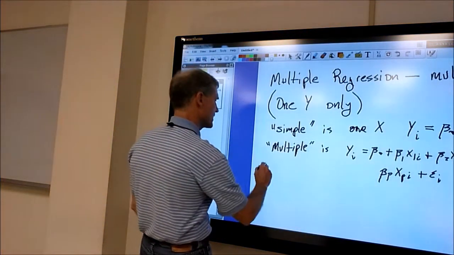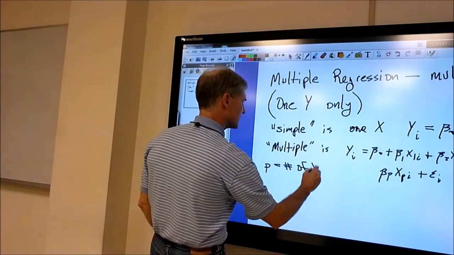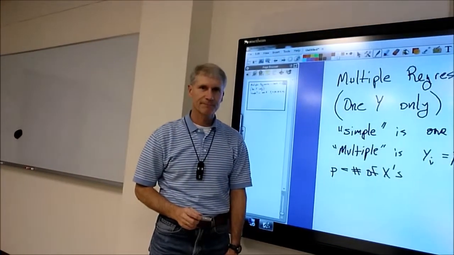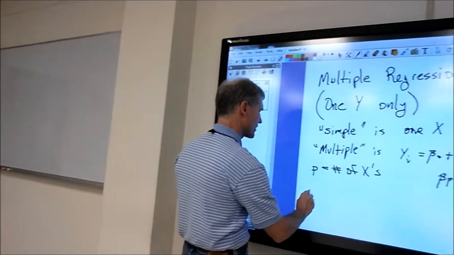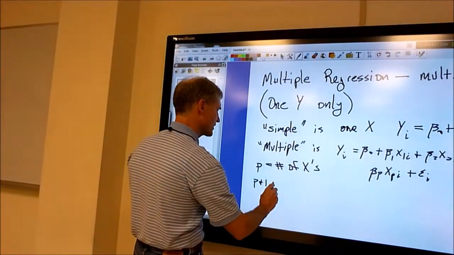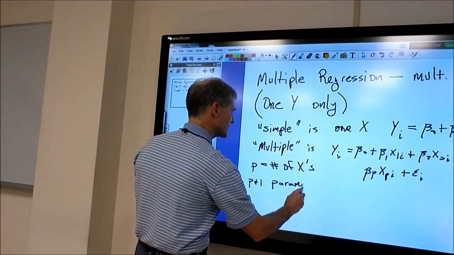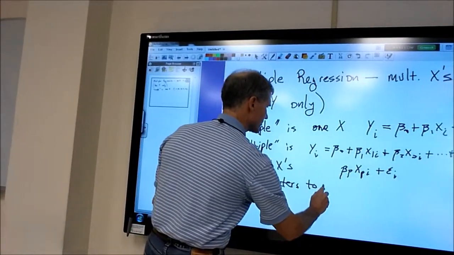So P equals the number of X's. So notice there are P plus 1 parameters to estimate.